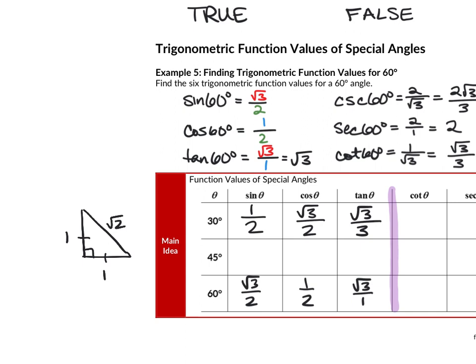For the 45, 45, 90 triangle, if this is my 45 degrees, sine would be opposite over hypotenuse, which would be 1 over square root 2, but we're going to rationalize that denominator to be square root 2 over 2. Cosine of theta would be the same, square root 2 over 2. Tangent would be opposite over adjacent, which would be 1 over 1, which is just 1.